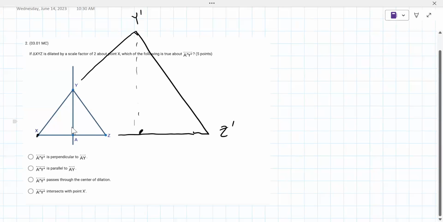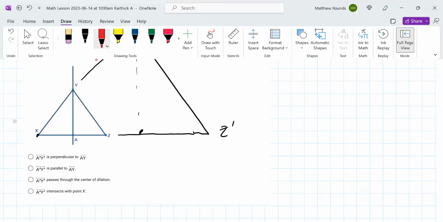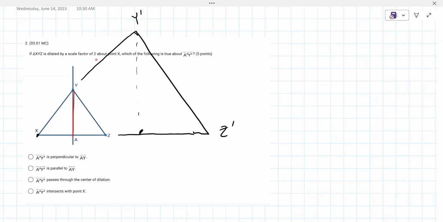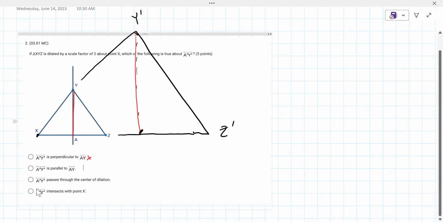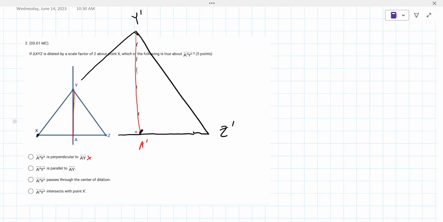I think what they're asking about here is this one and then this new one, and it looks like they are parallel. They're definitely not perpendicular. Does A prime Y prime pass through the center of the dilation?